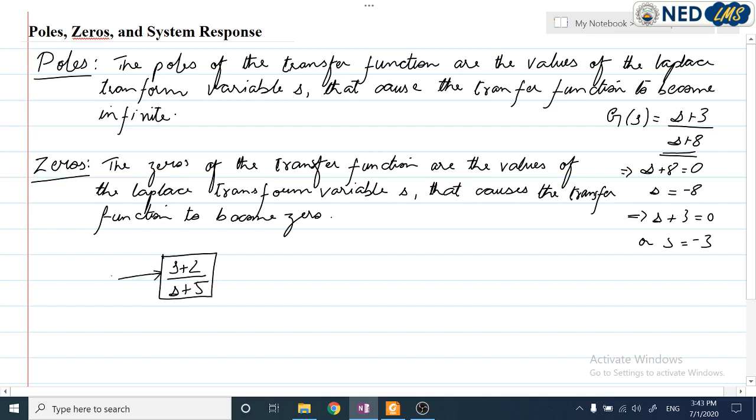Here the input is R of s and the output will be C of s, and this is the transfer function G of s.